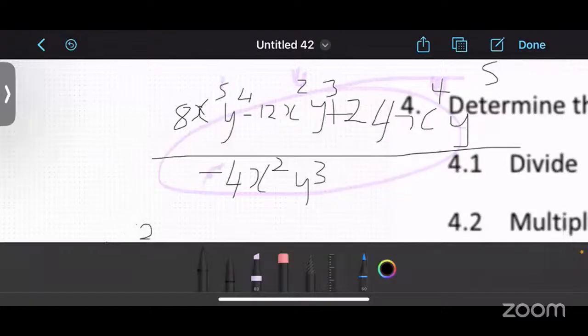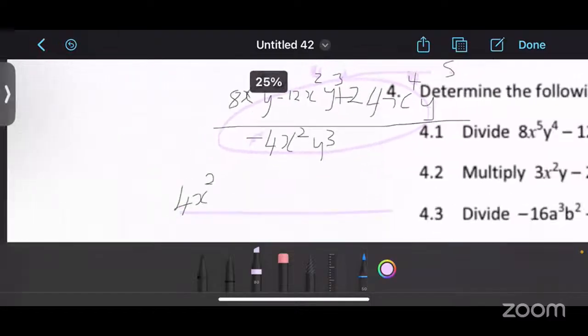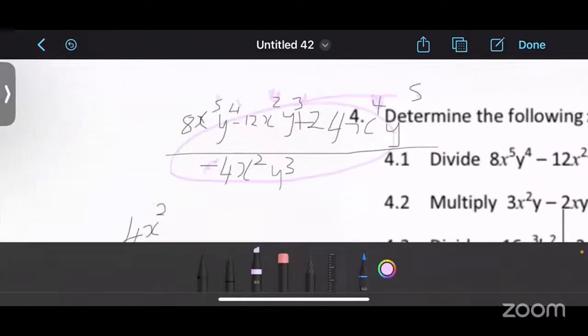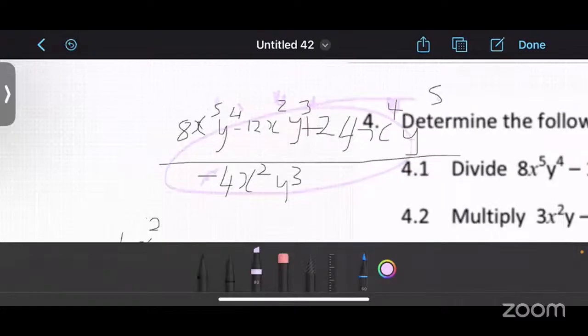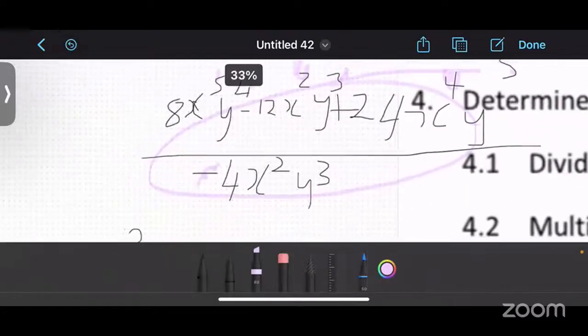And then when I'm looking at the y, I have 3, I have 4, and I also have a 5. So the lowest is 3.